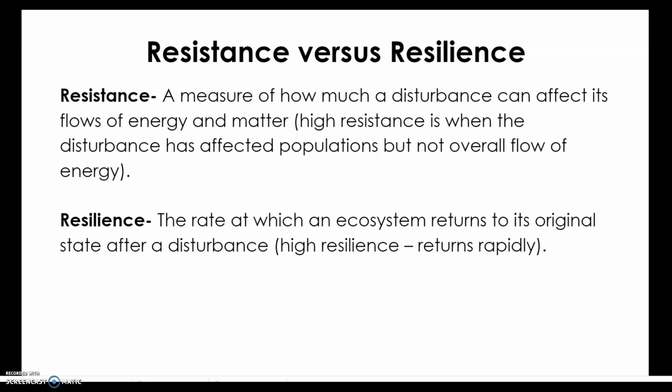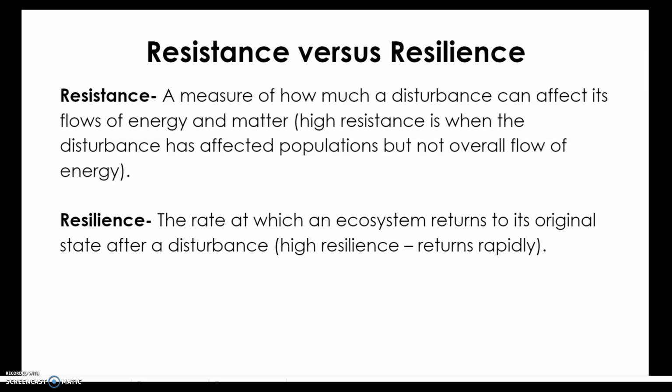All right, now we're going to shift gears again a little bit, kind of back to the whole disturbance thing. So when an ecosystem is disturbed, it can exhibit resistance, or it can also exhibit resilience.